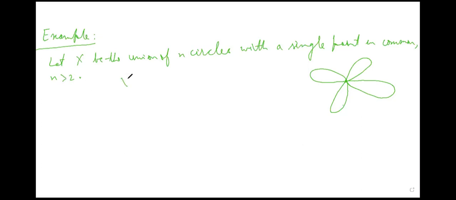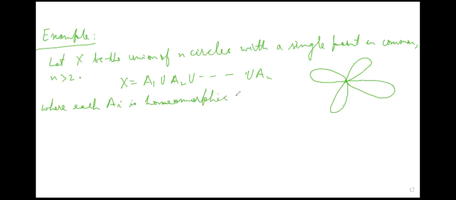So exactly, we have X equal to A1 union A2 union and so on up to An, where each Ai is homeomorphic to S1.